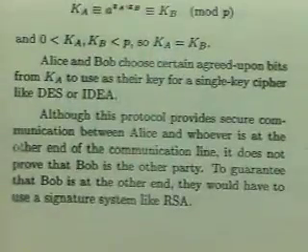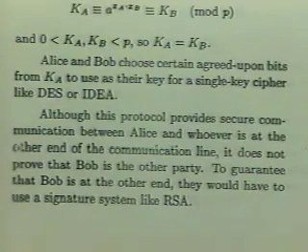Now, although this protocol provides secure communication between Alice and whoever is at the other end of the communication line, it does not prove that Bob is at the other end of the line.